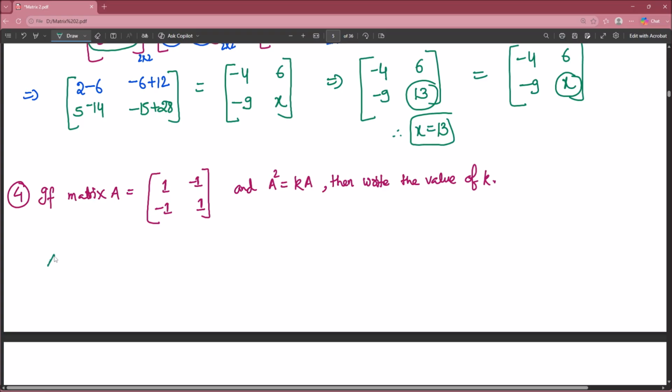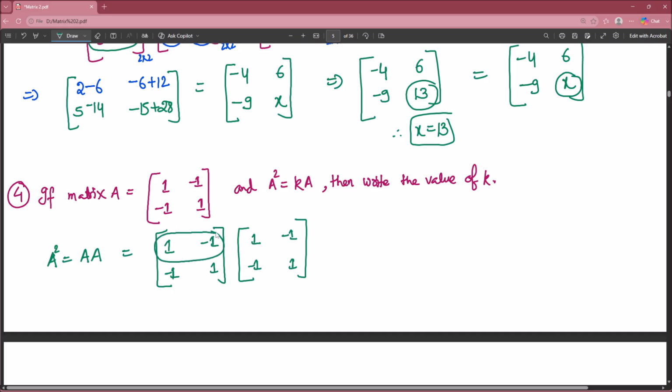As we know, A square is equal to matrix A into A. So [1 -1; -1 1], and again we will write the matrix A, that is [1 -1; -1 1]. As we know, the first row is multiplied by the first column of the second matrix, and then the second column of the second matrix.